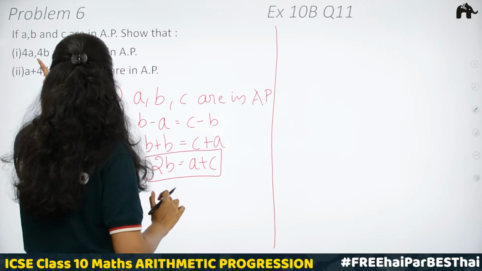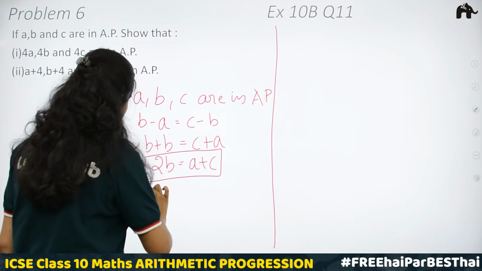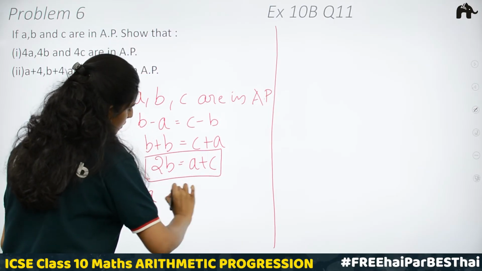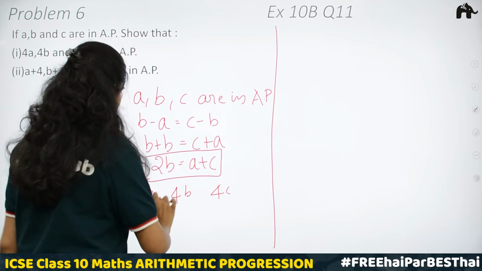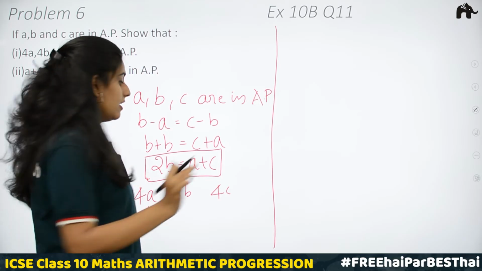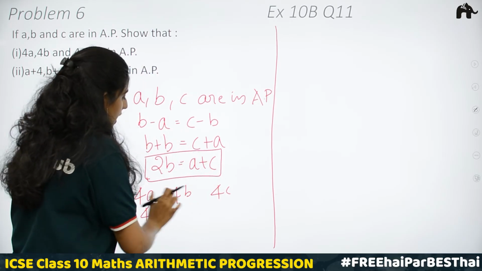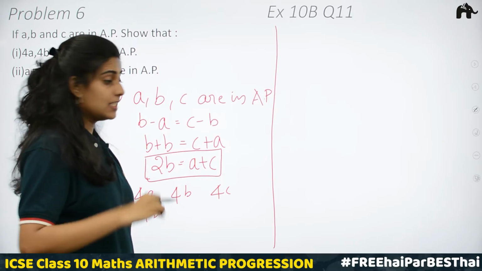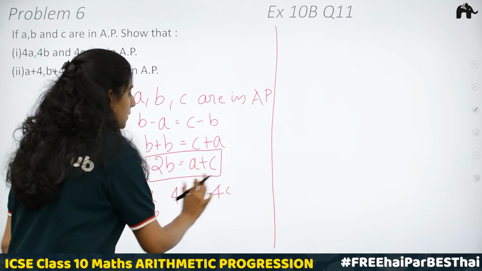Now, we have to check if 4A, 4B and 4C are in AP. If 4A, 4B, 4C are taken, what is the difference between the second term and the first term? We can prove that they are in AP only if the difference between 4A and 4B, first term and second term, is equal to the difference between the second and third term, that is 4B and 4C.